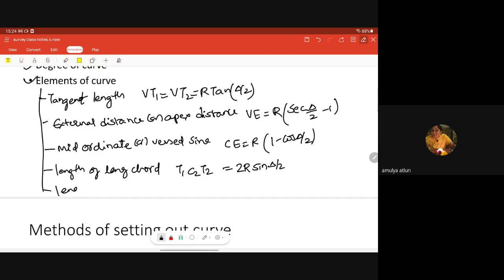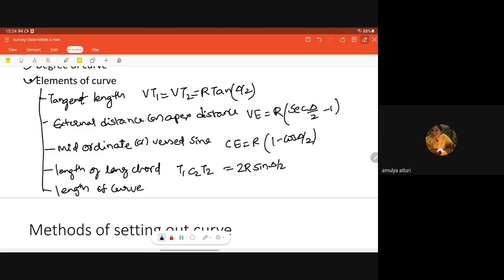Next, length of the curve. You all know the formula for length of the curve, right? It is L equal to R into D, or theta, or delta. The nomenclature is up to you.